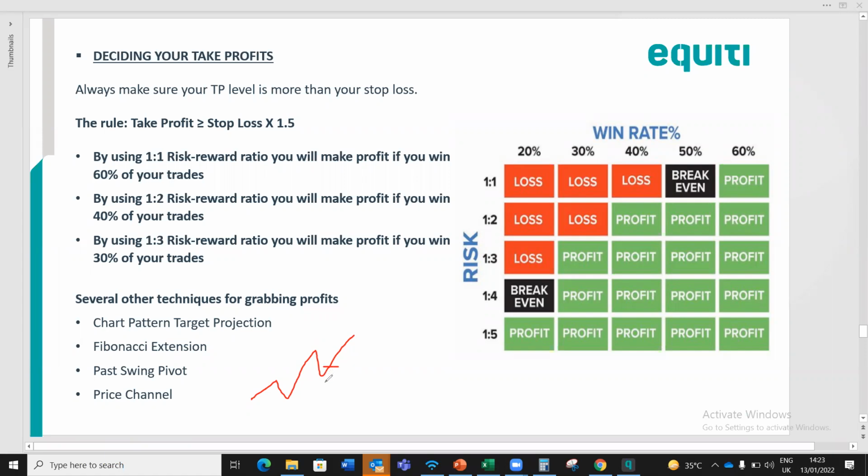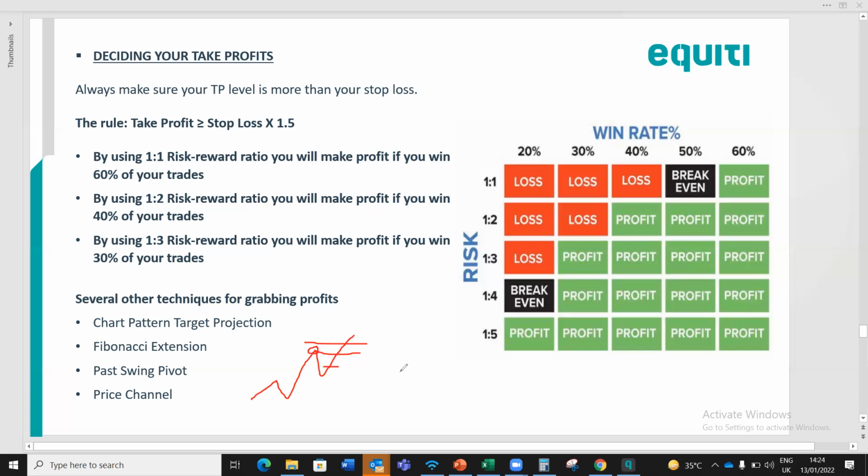Because of your knowledge of market structure, you know that the market is making higher highs and higher lows, and you know this is a bullish sentiment, you're sure going to know that the next high that is going to be created is going to be higher than this previous high. So what should you do? Using the chart pattern target projection, you can have your take profit at this price level or at a higher price level. So this could be your take profit level, or this could be your take profit level. Why? Because you understand market structure.